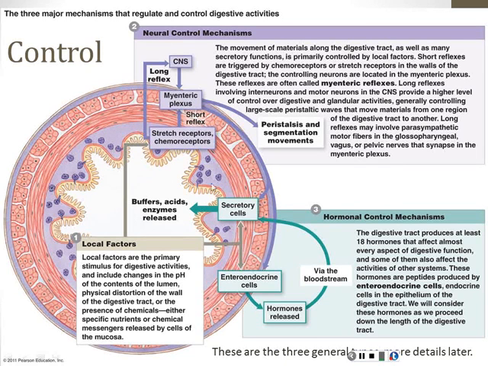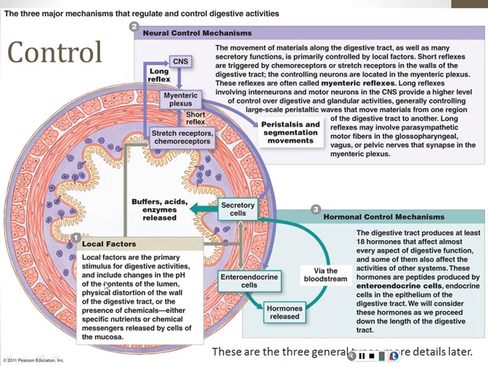So lining the inside surface here are our epithelial cells, our intestinal epithelial cells, and they respond to the contents of the GI tract depending on what it is. So, for example, if it's highly acidic, the system might respond with an alkaline solution to cancel that acidity. If it's very alkaline, it might respond with an acid solution to cancel that alkalinity.